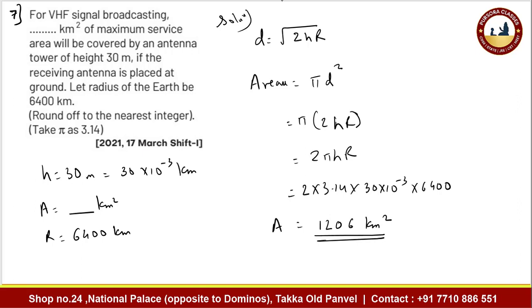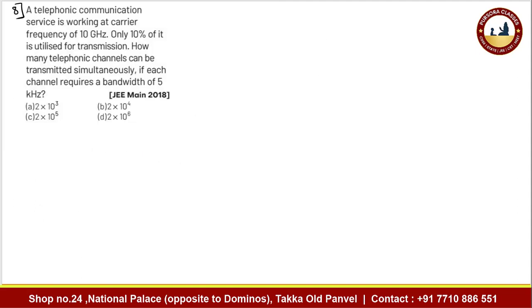I hope students you have understood this question. Okay students, in the next question a telephonic communication service is working at a carrier frequency of 10 gigahertz. So the carrier frequency is 10 gigahertz, which is 10 raised to 9 hertz.